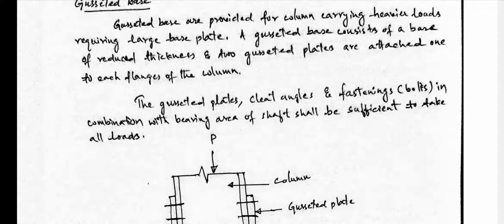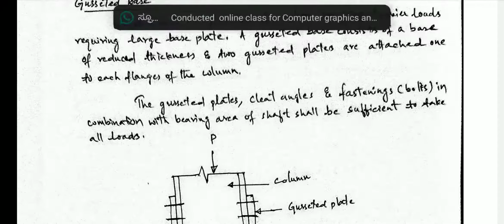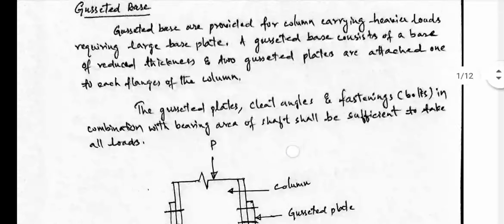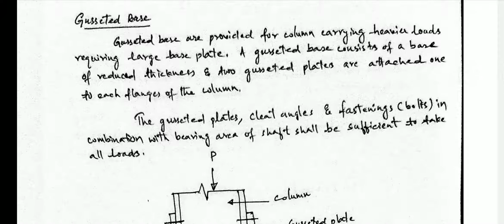Since the gusset plate is designed for heavy loads, the column requires stiffness to carry that load, so it may be an I section plus cover plates. Gusset plates are mainly provided for heavy columns.